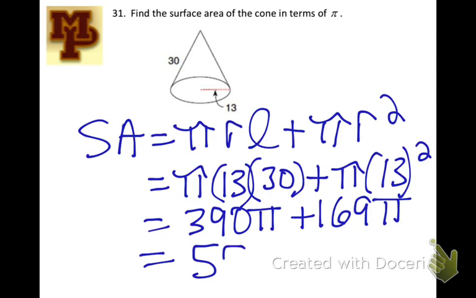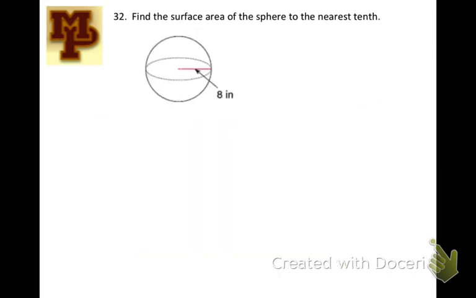Think of them as like terms: it's like 390x plus 169x, because of the same amount there. So you can do that. And that's units squared too. There weren't any units given on that one.